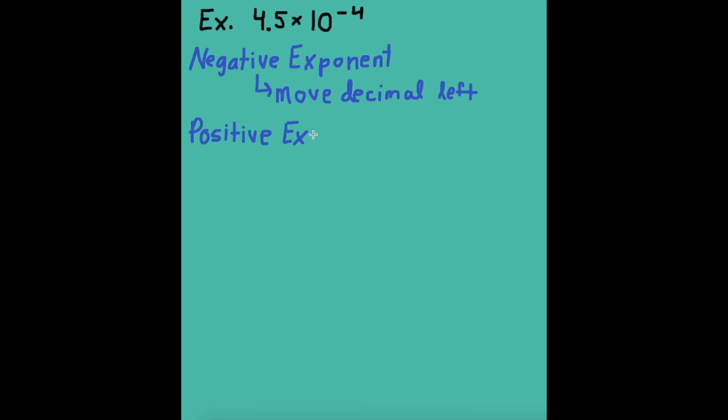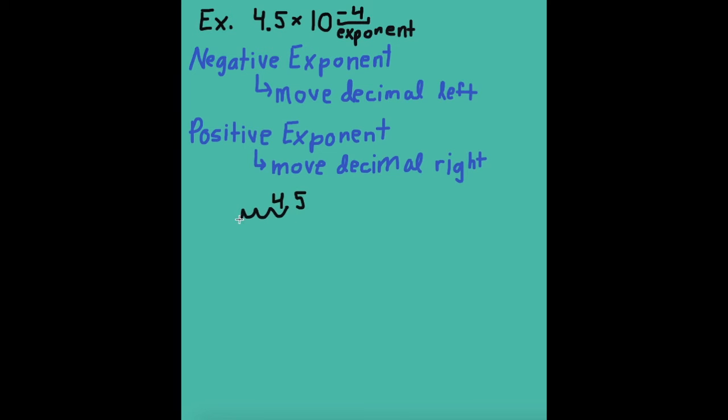When you have a positive exponent, you move the decimal to the right. In this case, the exponent is negative 4, which is a negative number. Therefore, we move our decimal to the left 4 times. 1, 2, 3, 4. Therefore, we get the number to be 0.00045.